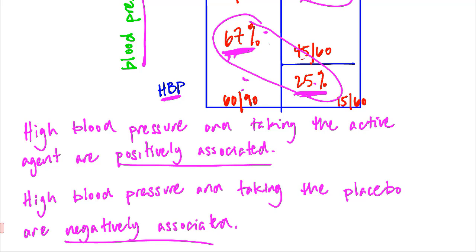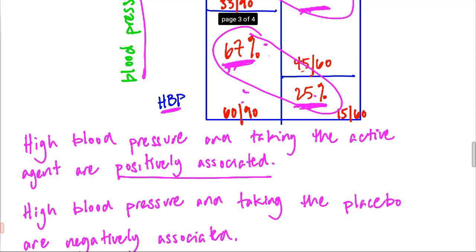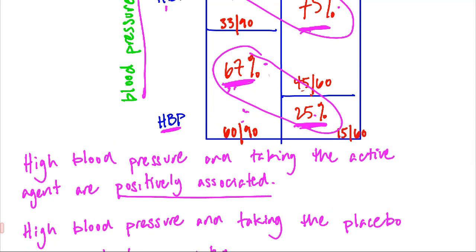So all we have to do, following what's in the book, is for our positive association, we were comparing the 0.67, 67%, and the 25%, and so we just want to find the difference between them to get a value for how strongly they're positively associated. So 67%, 0.67, minus 0.25 gives us 0.42. So that's the strength of this positive association when we measure it this way, using the difference in proportions.